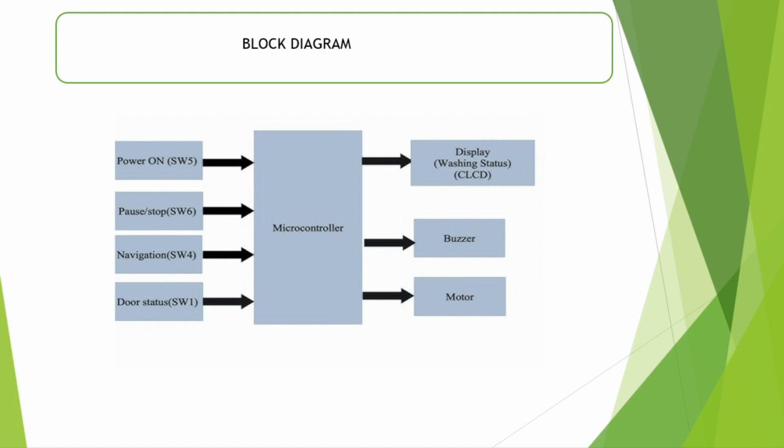So this diagram clearly shows how our user actions and the machine status flow into the microcontroller, which then processes the information and controls the various parts of the washing machine.